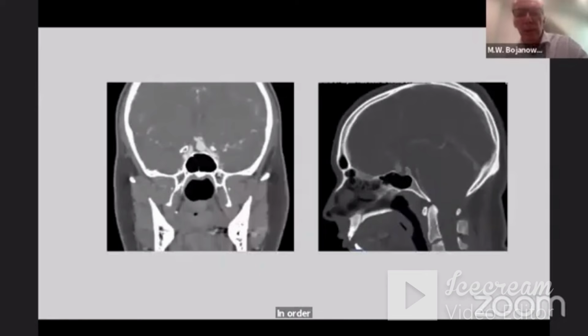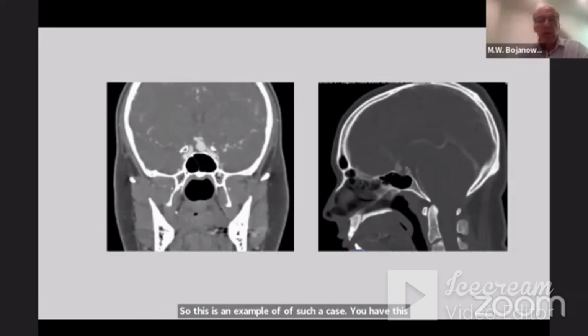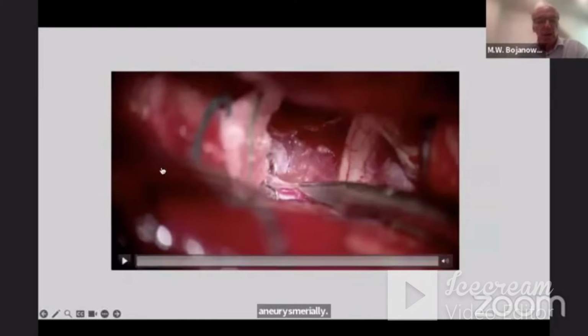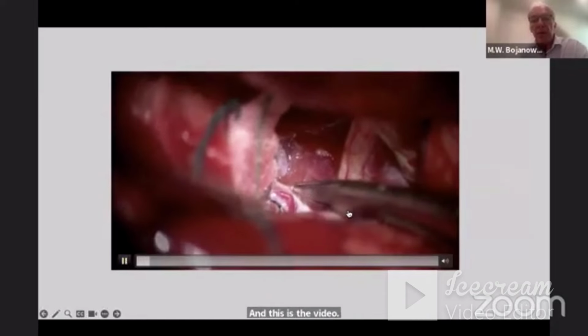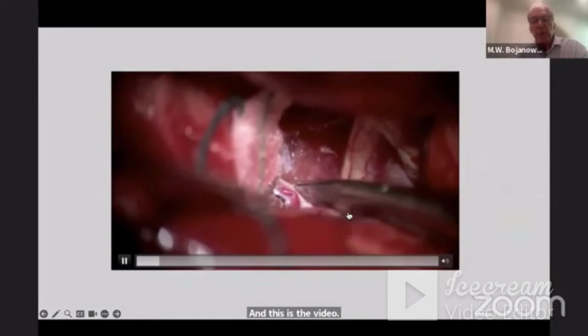So this is an example of such a case. You have this aneurysm pointing inferiorly, and this is the video. You recognize the optic nerve.